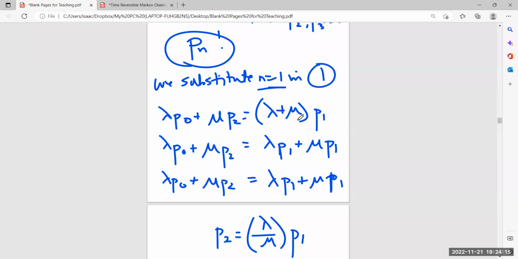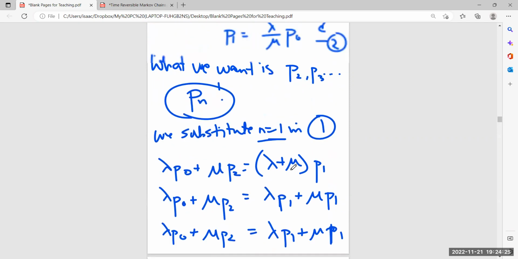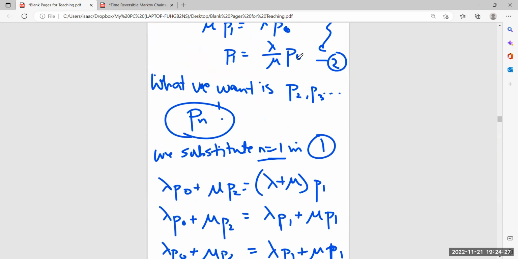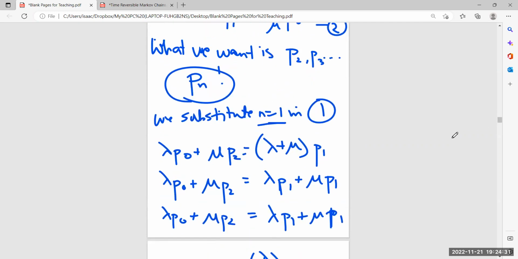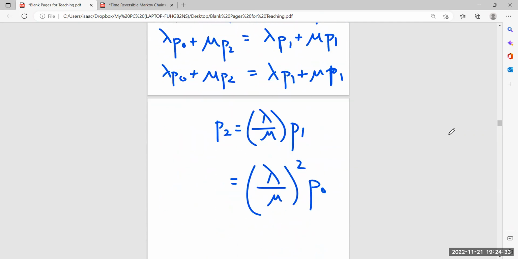And the goal is just to make P2 an expression in terms of P1, and then we know we could write P1 in terms of P0. So that's the idea. It's just to replace each probability with P0 inside it and some constant. So that's the goal.